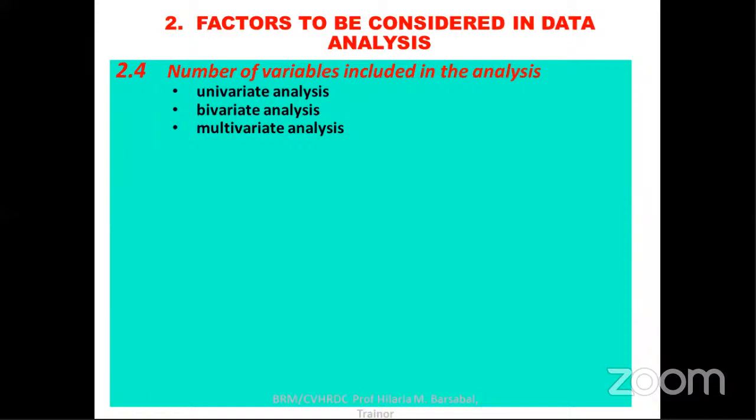Now, are you analyzing just one variable, or you're making comparison between variables, or multi-comparison of several 2 or more variables? So, you have to adapt a certain statistical tool depending on the number of variables that are to be analyzed. And, okay, so we have the sample size.